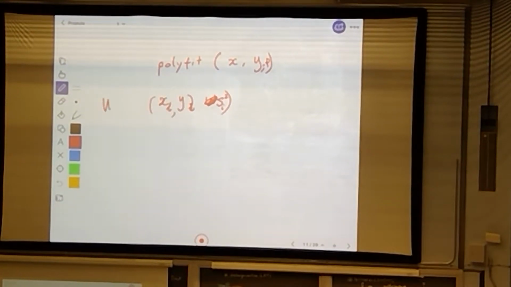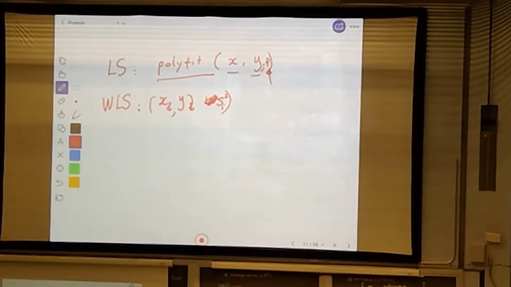You want to do weighted least square on these points. You already have a function written based on least square solution, polyfit, and it takes x, takes y, takes the order p you specify. So how would you call this function to perform weighted polynomial regression?